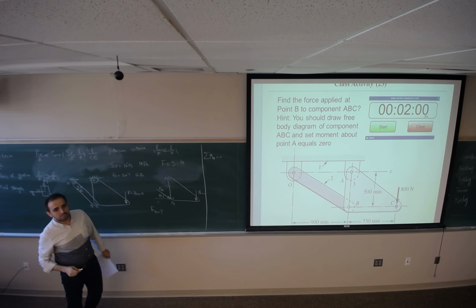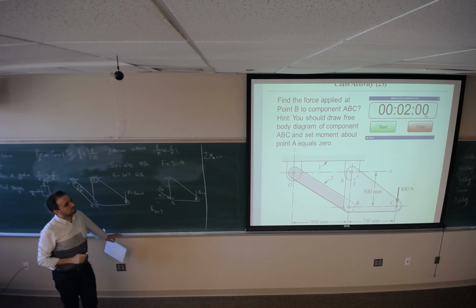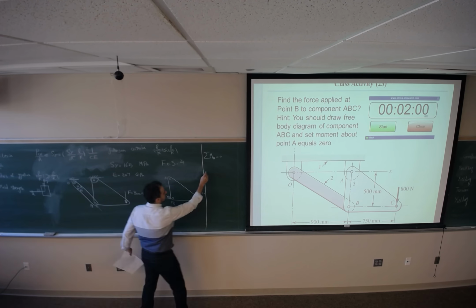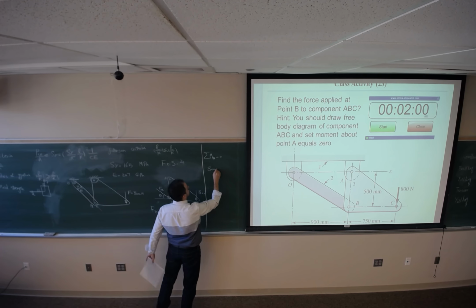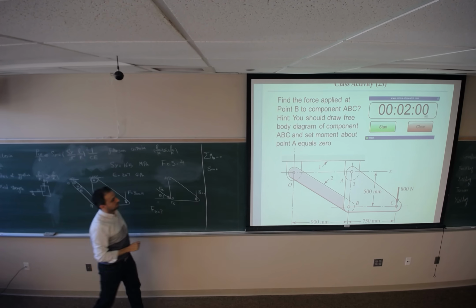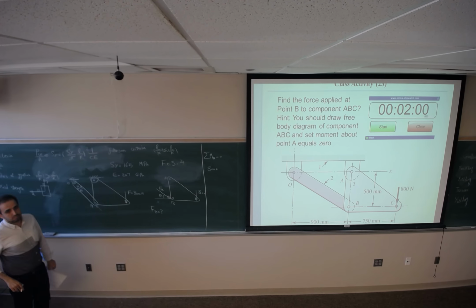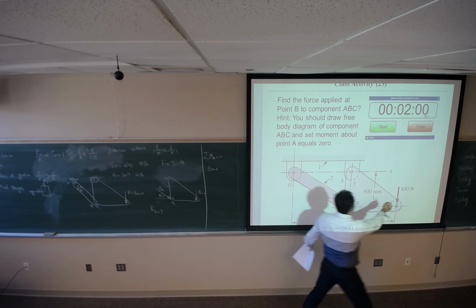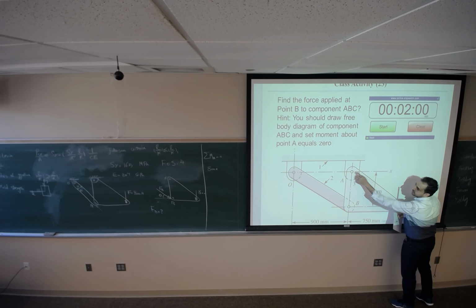So then, 800 newtons times the angle at C times the distance from A to C should be equal to the force coming from OB times, what should be the distance? I hadn't gotten there yet. We are looking at the moment about this point.